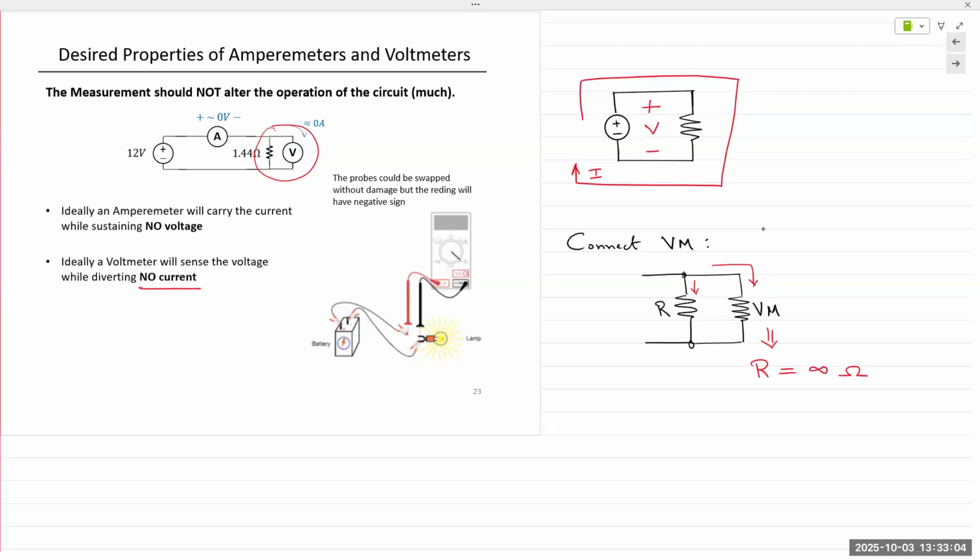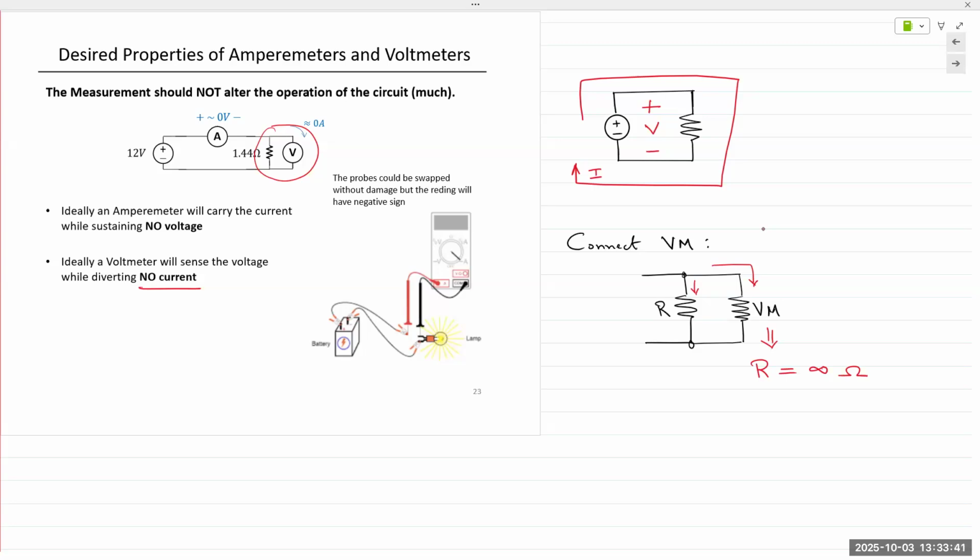So if you're trying to measure voltage across a 100 ohm or 100 kilo ohm resistor, and your meter has a resistance of like 100 mega ohms, it's as close to infinity as possible in real life. So it's not going to draw too much current away from your circuit. If it draws picoamps or femtoamps, the voltage drop measured might drop by microvolts. If you're trying to measure 5 volts, microvolts of voltage drop loss would not affect your measurement.